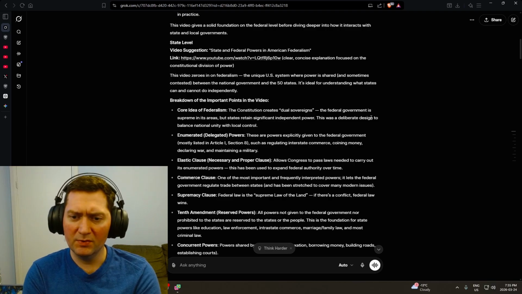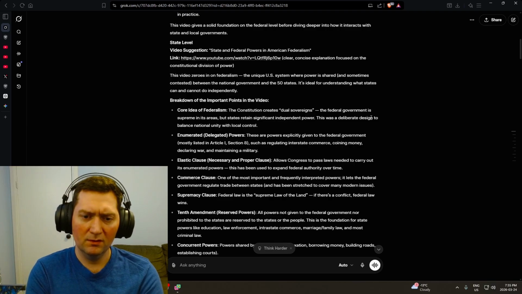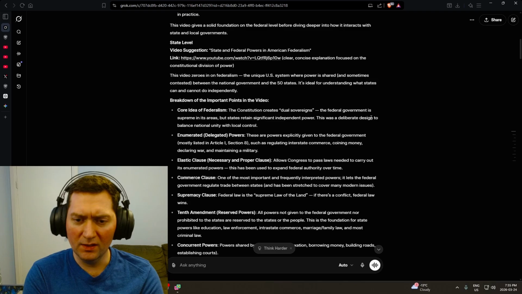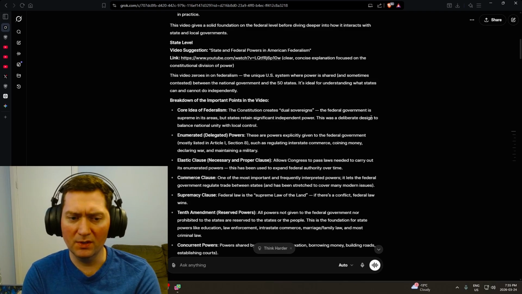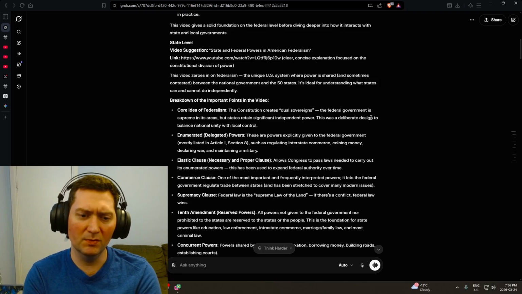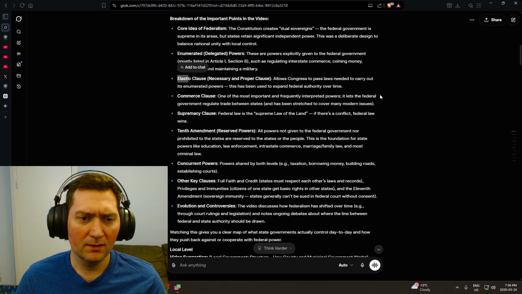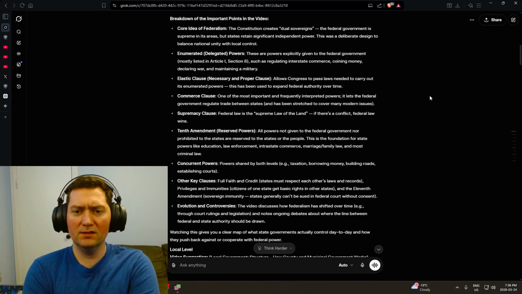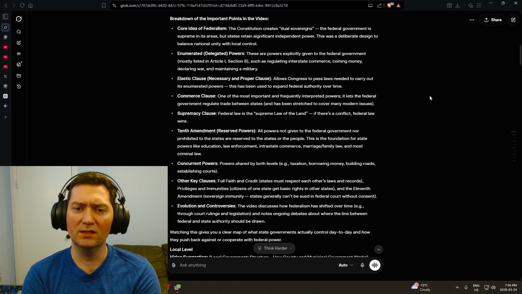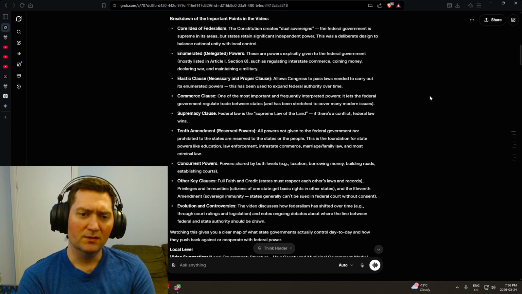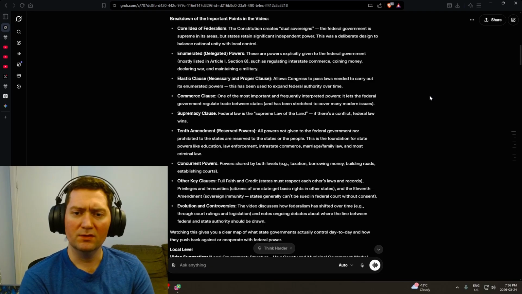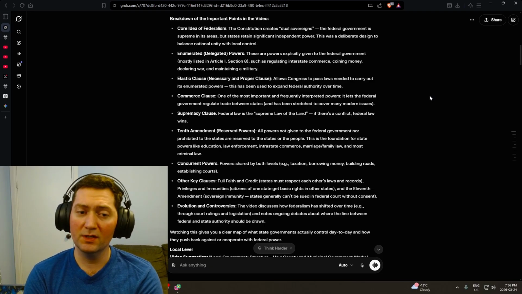These are powers explicitly given to the federal government, such as regulating interstate commerce, coining money, declaring war, and maintaining a military. The elastic clause allows Congress to pass laws needed to carry out the enumerated powers. It has been used to expand federal authority over time.